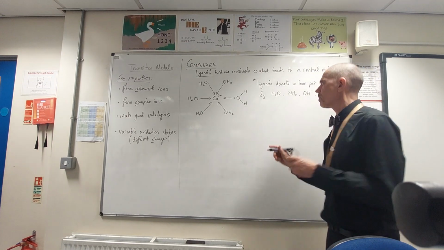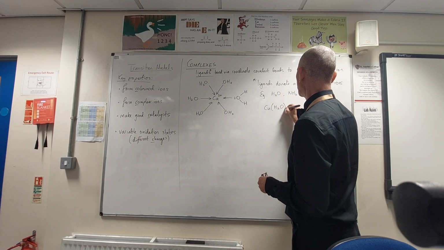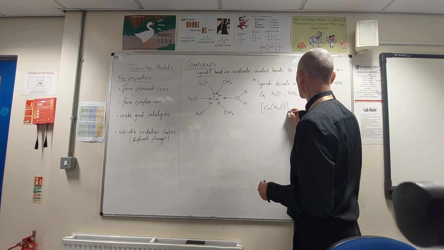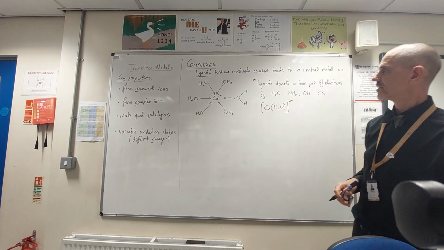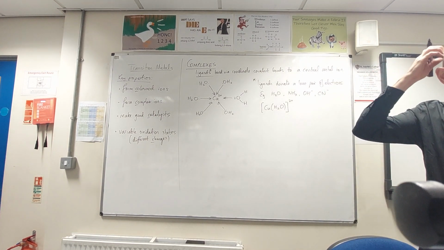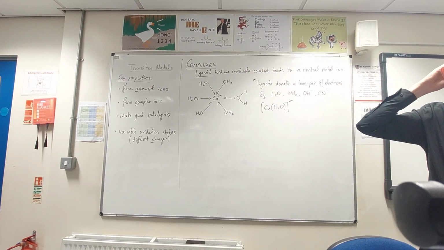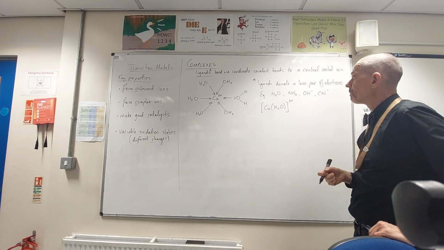So we would write that as Cu H2O, and then we put the square brackets around it to indicate that it's a complex, and the charge goes on the outside. Will it be 6 H2O?